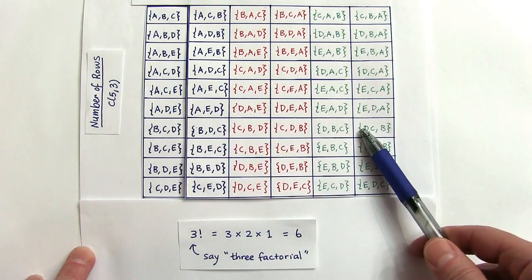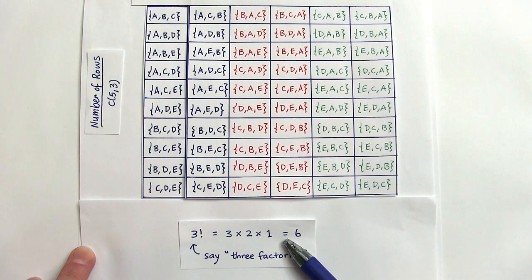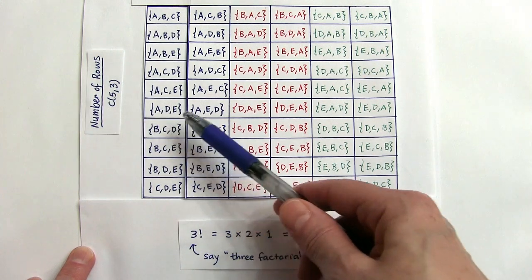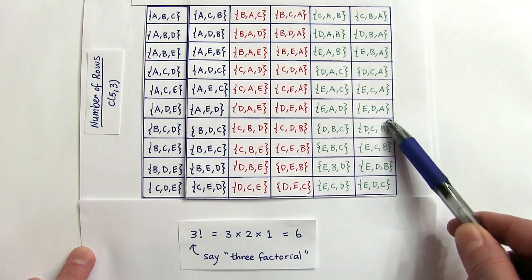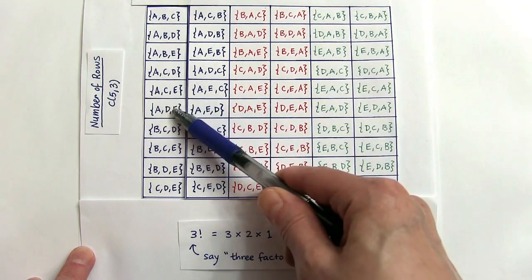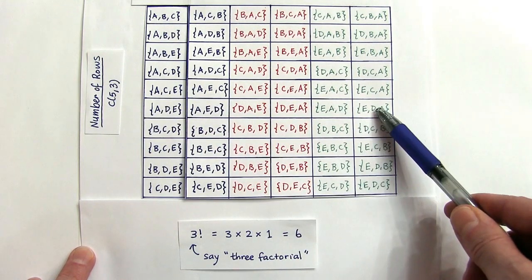Each row gives us 3 factorial, which is 3 times 2 times 1, or 6 copies of the same set. And when you take the curly braces off, we get 6 different permutations of the 3 letters in that row.